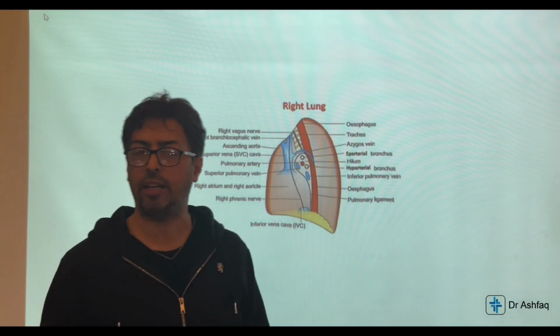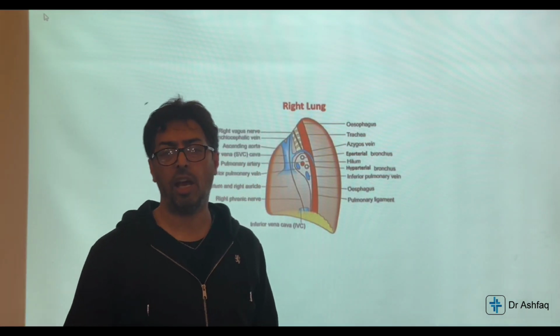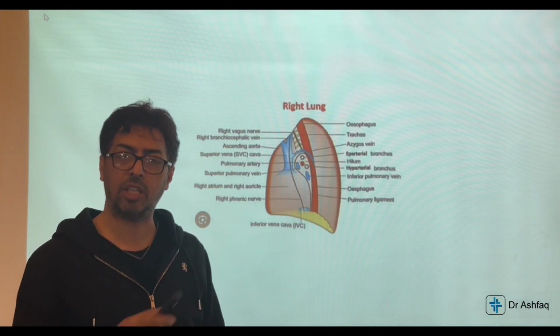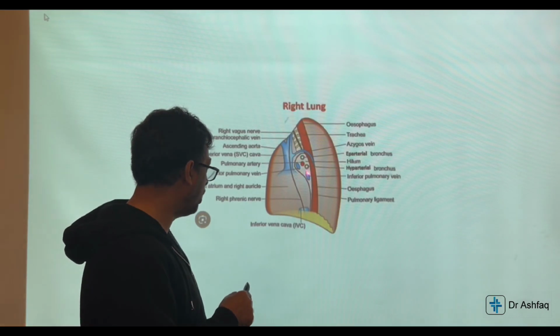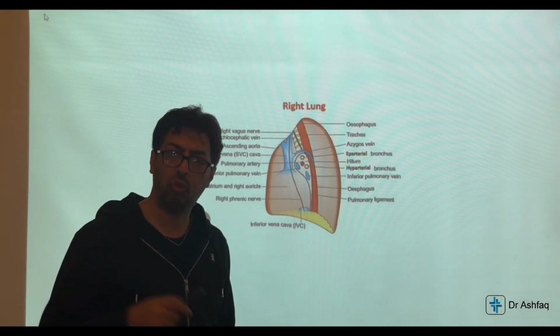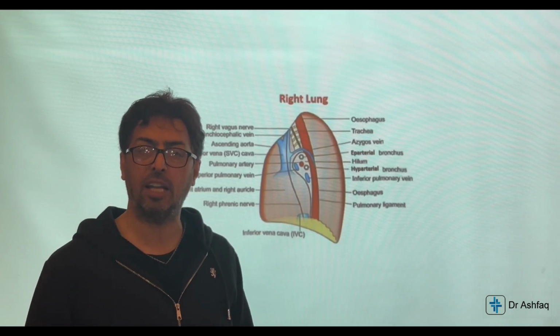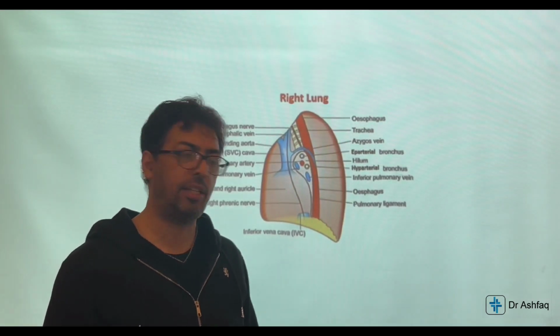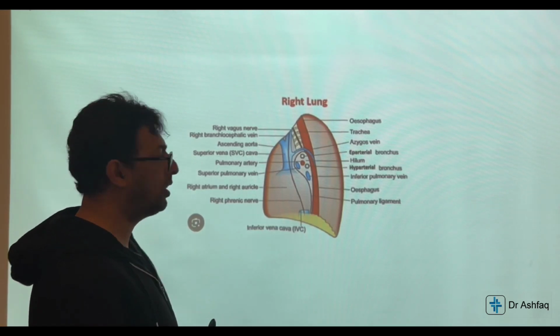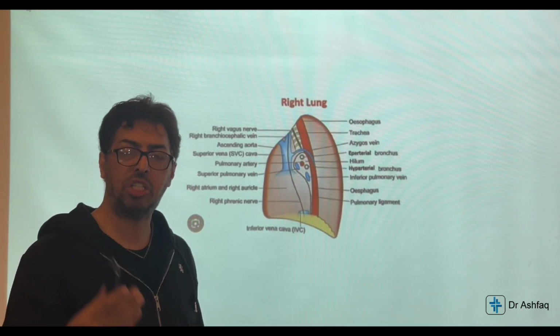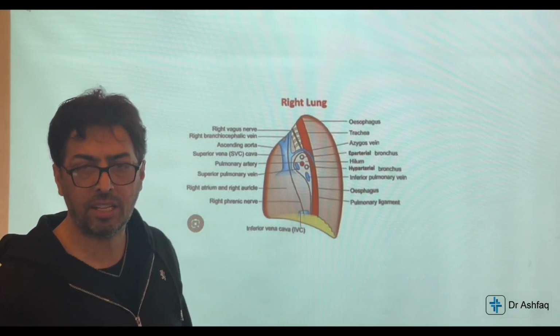Both the right and the left lung have a gateway, a pathway, the hilum, through which structures come and go from and into the lungs. We will be discussing the important structures which lie within the hilum of the lungs. But more important than that, there are certain important structures which lie in relation to the mediastinal surface of the right lung and the left lung.